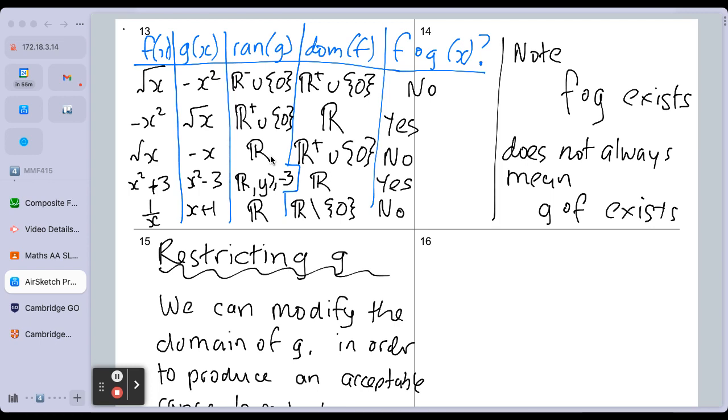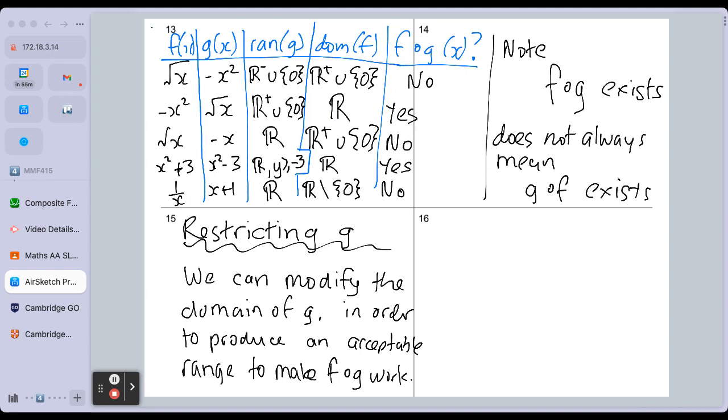To make F composed with G work. Does that summarize okay what I just said? Hang on, it's a little bit too big for the screen. I'm going to tell you how to do it, but the statement as it stands: we can modify the domain of G in order to produce an acceptable range to make F composed with G work.